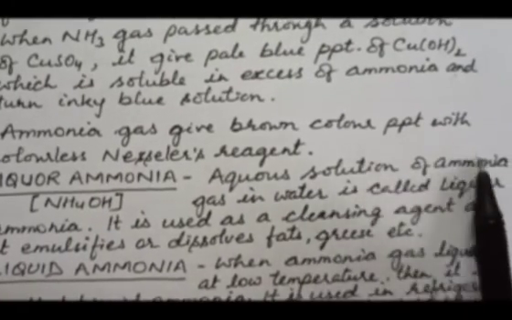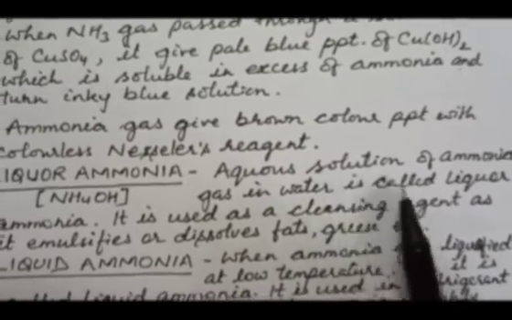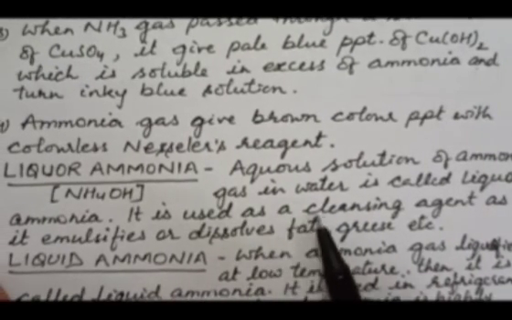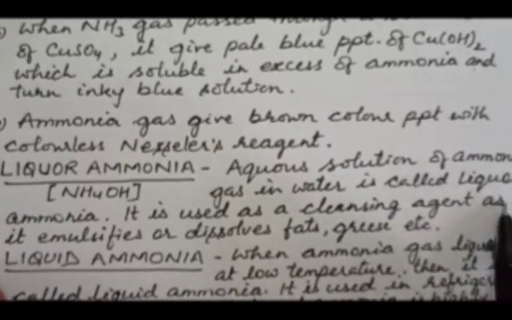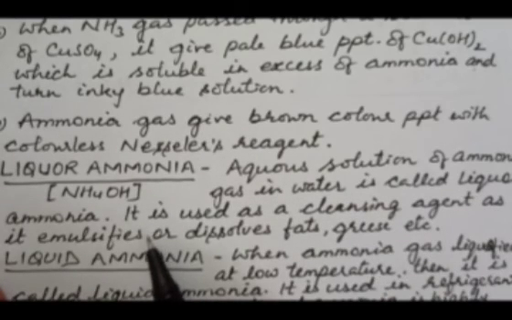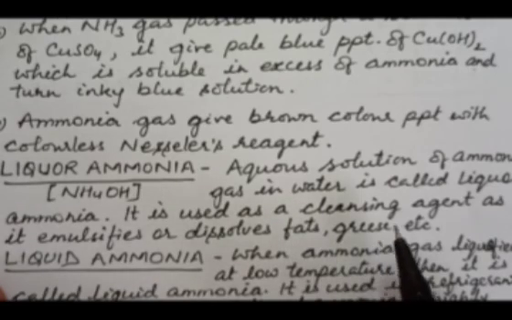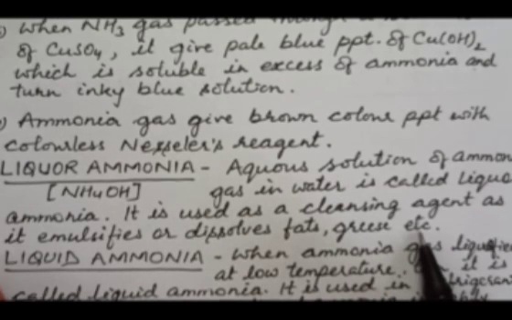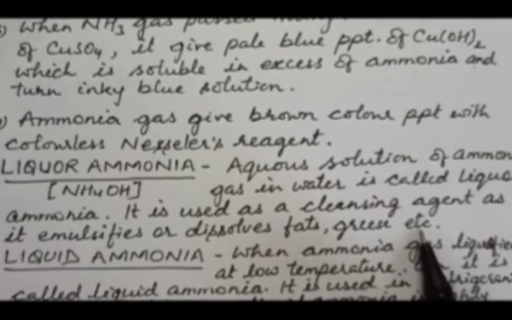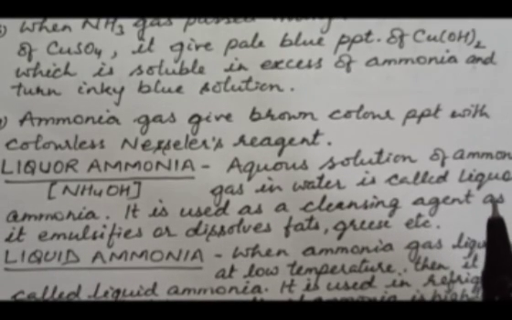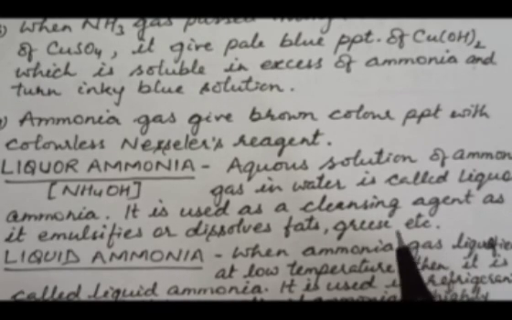Just look here. The aqueous solution of ammonia gas in water is called liquor ammonia. It is used as a cleansing agent as it emulsifies or dissolves fats, grease, etc. That's why it helps in cleaning clothes or removing stains from clothes.